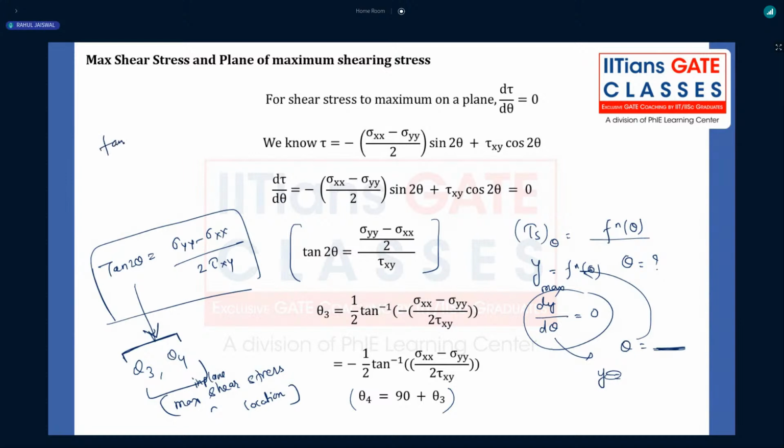Here, if you assume tan 2 theta 3 has one particular value, then whatever theta 4 is, if you put in the values of theta 4, you will be getting the same values, right?